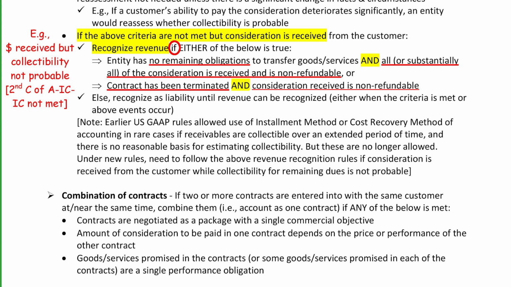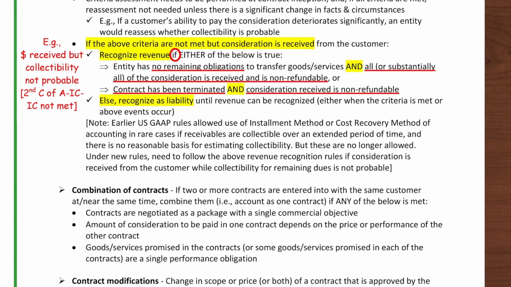So if the contract does not meet the AICIC criteria, some money is received from the customer, and none of these two conditions that we spoke about is true, then simply highlight recognize as liability until the revenue can be recognized. So that's more like a customer advance which sits on the liability side of the balance sheet.